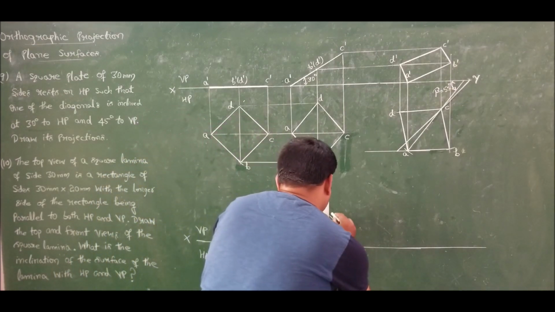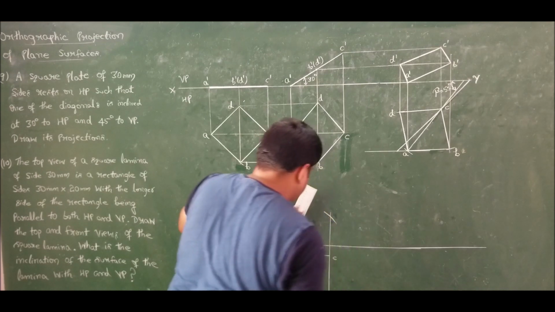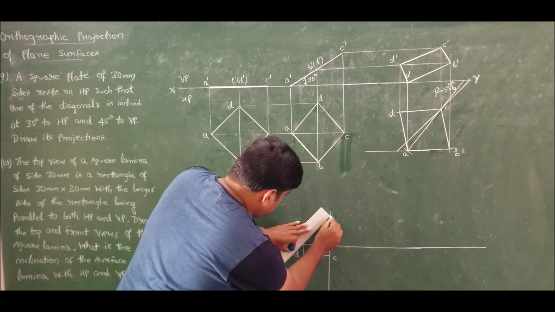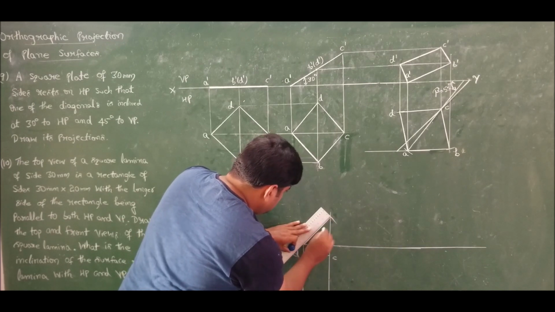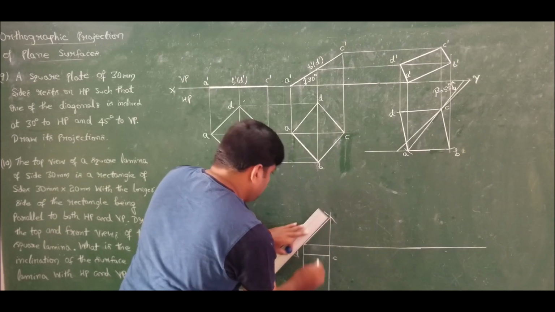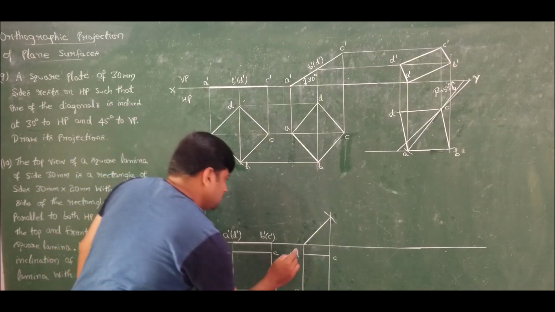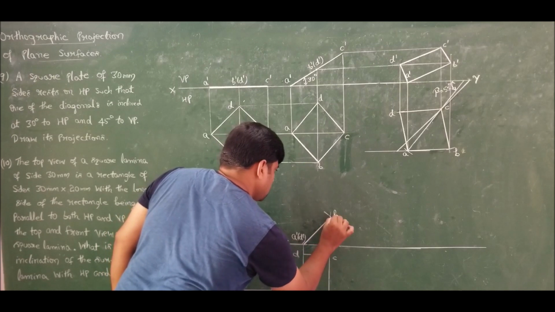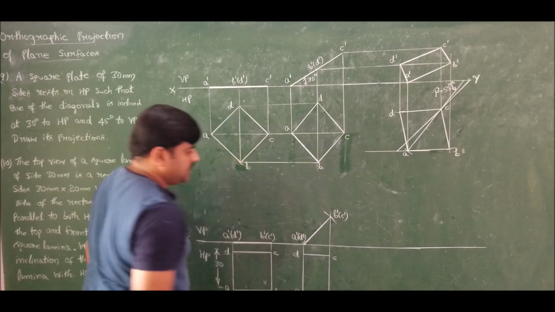Now extend it back. So if I join, I will get the inclination. So this is the front view of the lamina. This is A dash, D dash, here I have B dash, C dash.